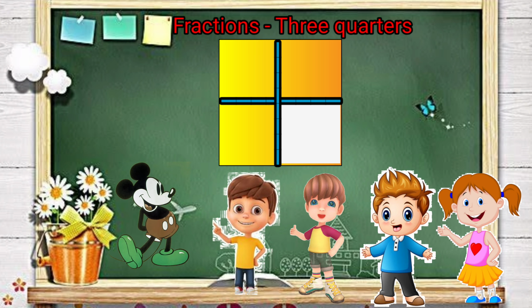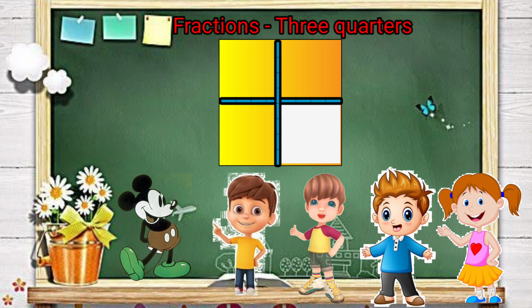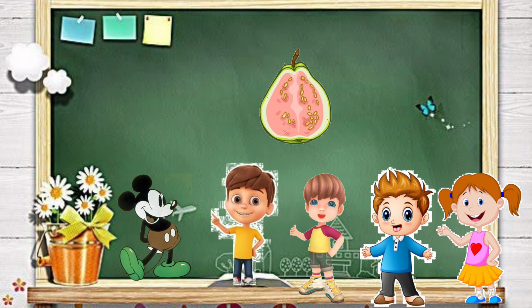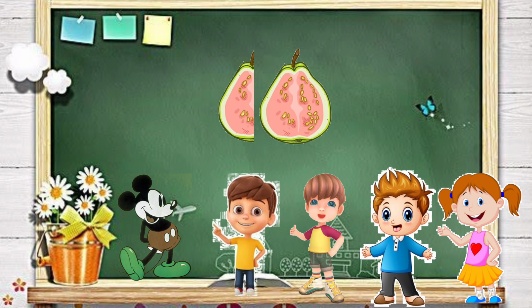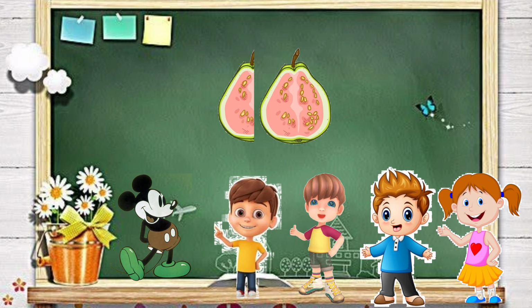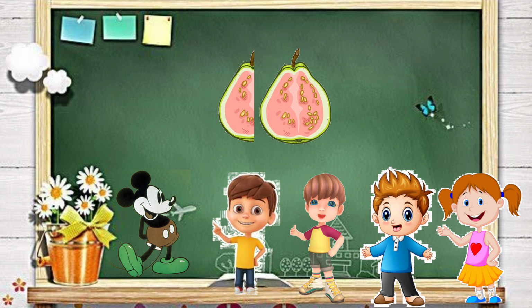Mickey, let me give you some examples of 3 quarters now. That's good, Tony. Start. See, this is half a guava, a quarter of a guava, and a half and a quarter make 3 quarters. Very good, Tony. Sonu, can you give me an example?